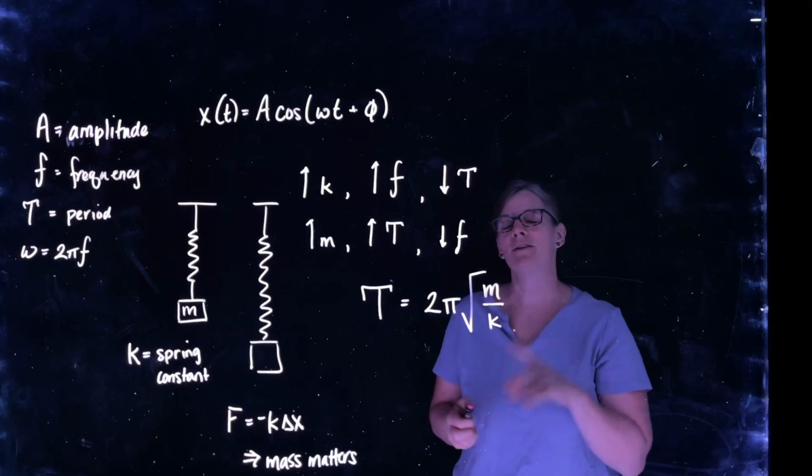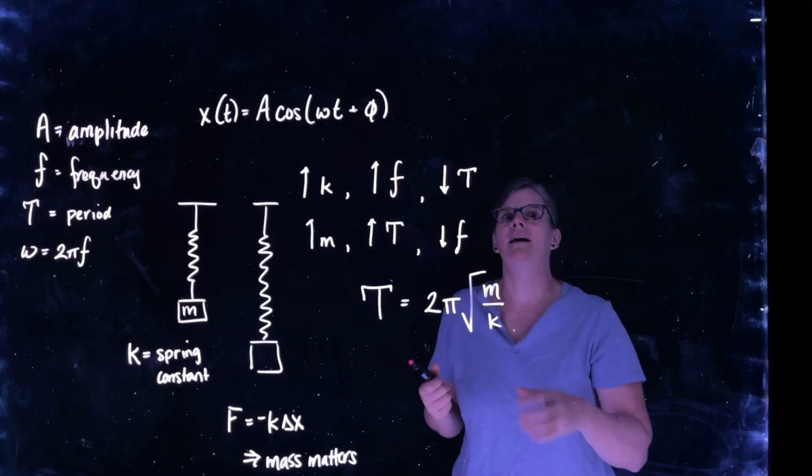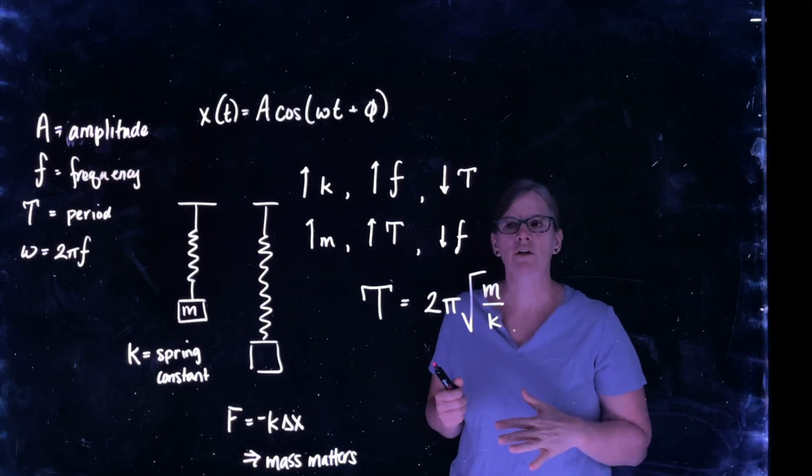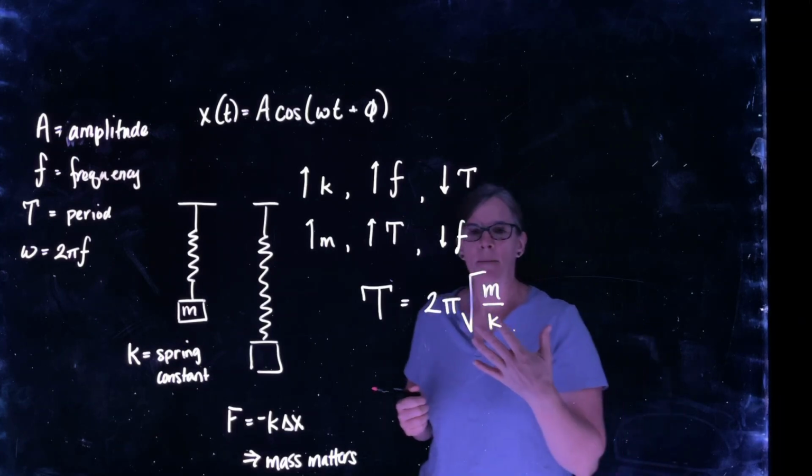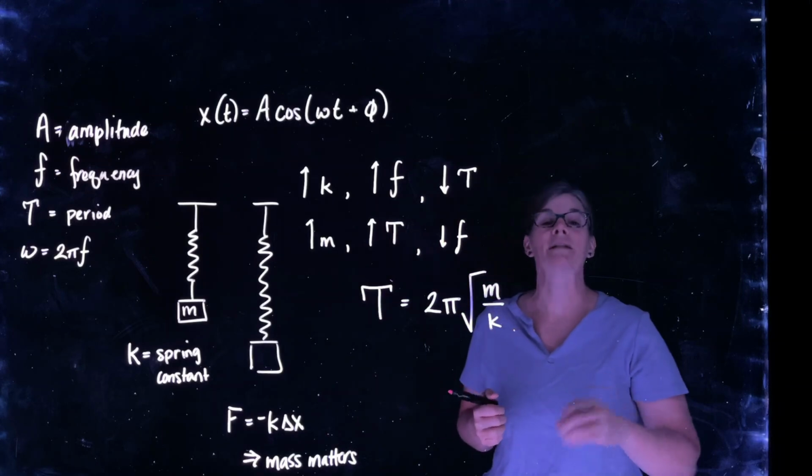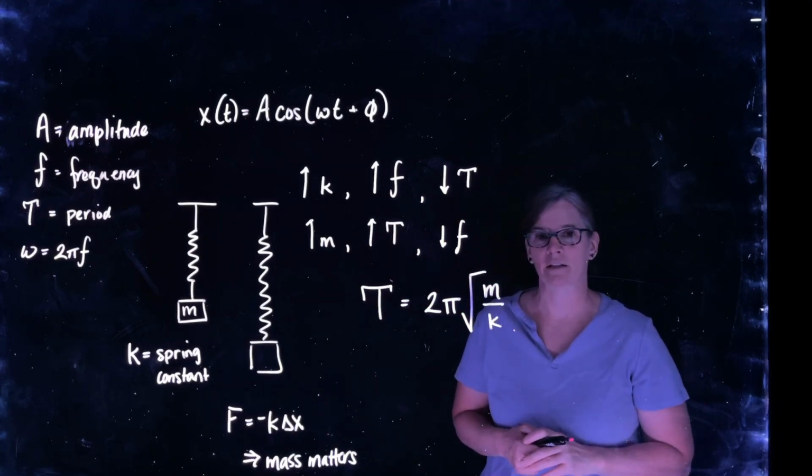But we're just going to use that and use that conceptual idea that, yeah, if I have a stiffer spring, it's going to take longer for that to make a cycle. And if I stretch that spring more, it's going to influence that timing of that cycle as well.